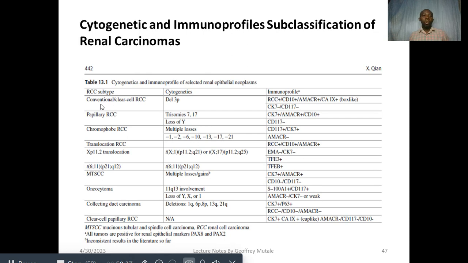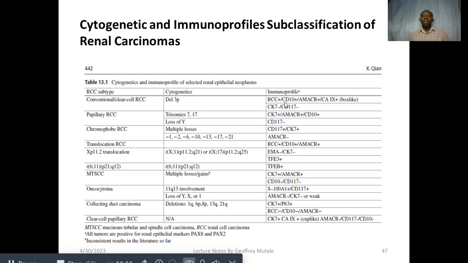Number one, we have the conventional or clear cell renal cell carcinoma, and cytogenetically the diagnostic part is a deletion at position 3 on the p arm of the chromosome.